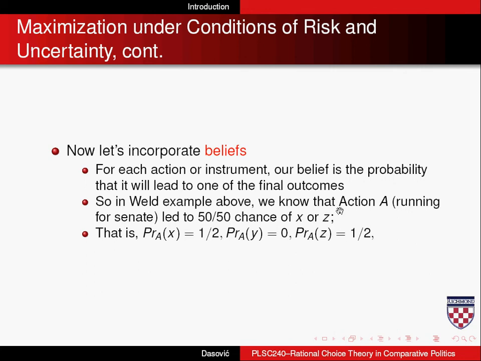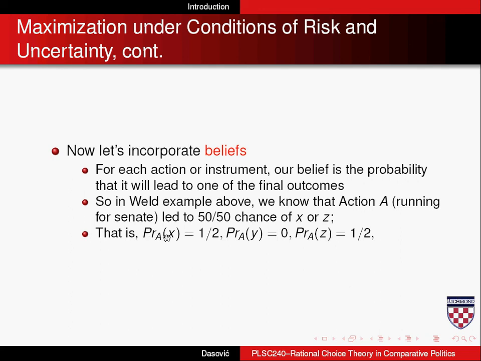Remember from the reading, given polling to that date and the nature of the electorate in Massachusetts at that time, he had about a 50-50 chance of winning the Senate, given that he runs for Senate. If he wins the Senate, then that's X, his most preferred choice. But if he loses the Senate, which is also a 50% chance, or 0.5 probability, then he would get Z, which is being out of politics altogether.